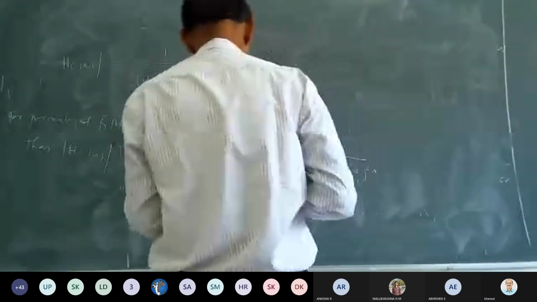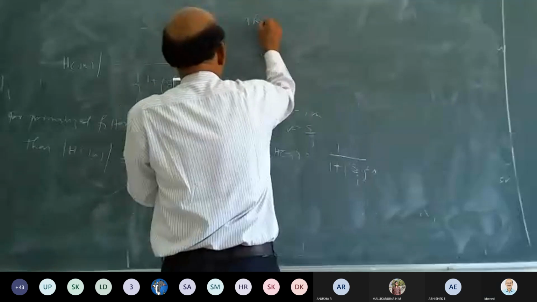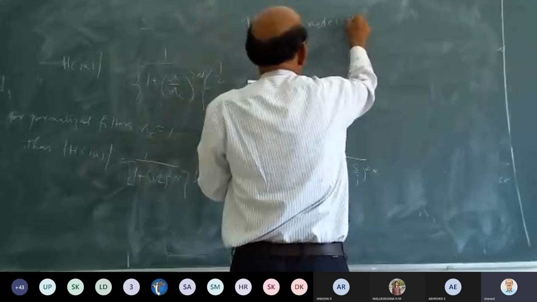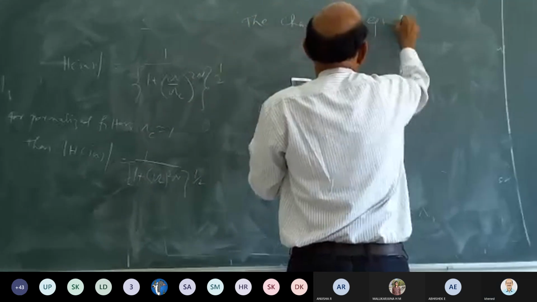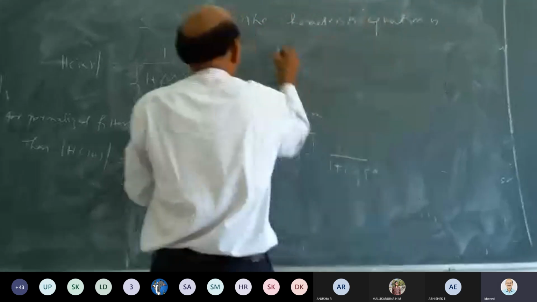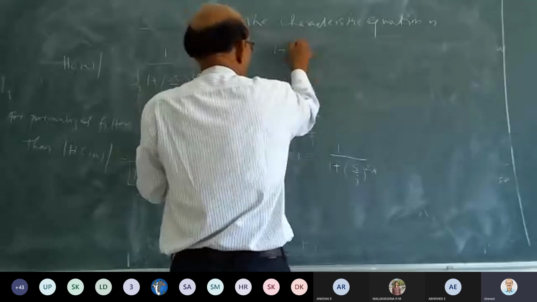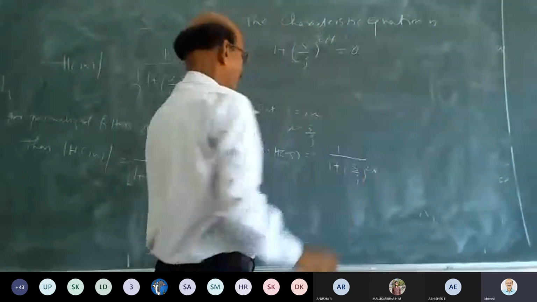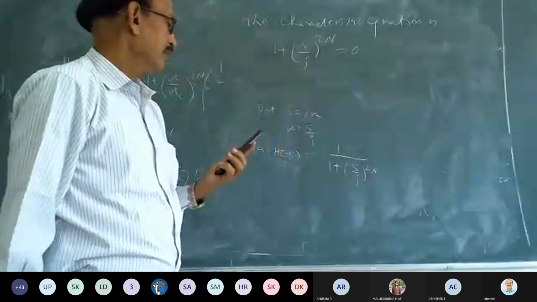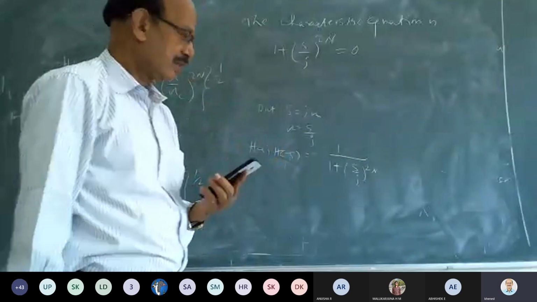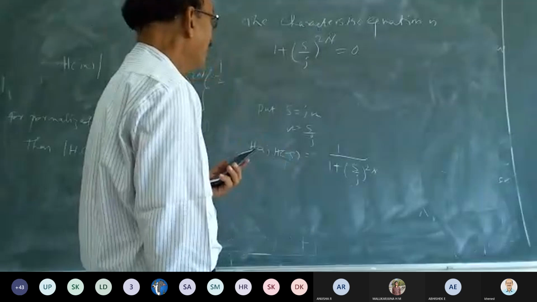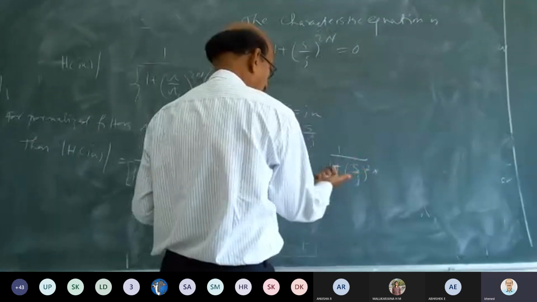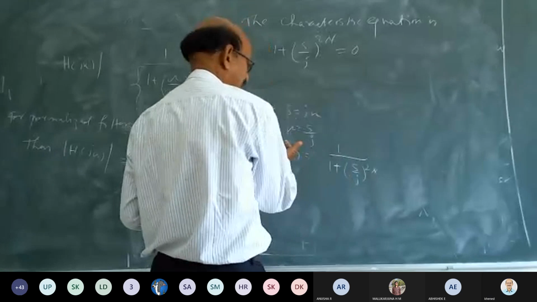So, you can write the characteristic equation as 1 plus (s by j) to the power 2n equal to 0. Therefore, the roots of this equation are nothing but the poles of the system.